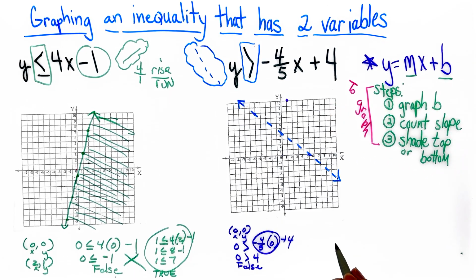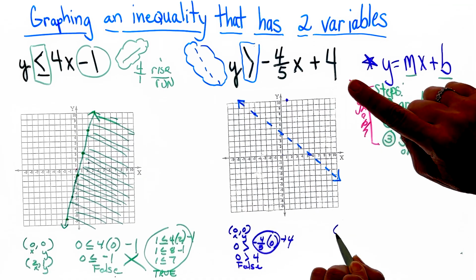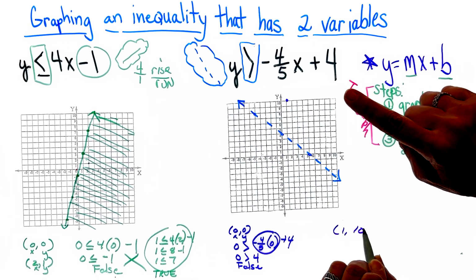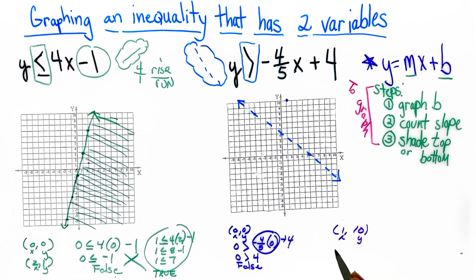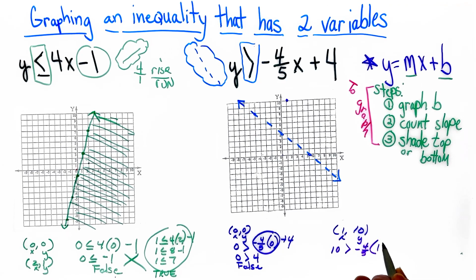So when I'm going to this, again, I'm using point 1 and 10. Here's my x, here's my y. So 10 is greater than a negative 4/5. X was 1 plus 4.